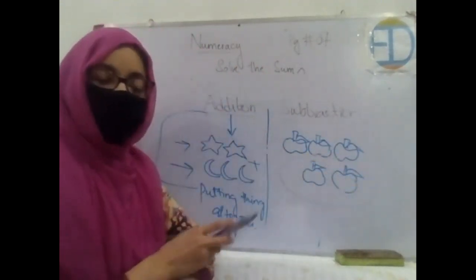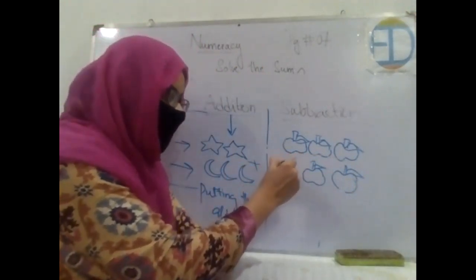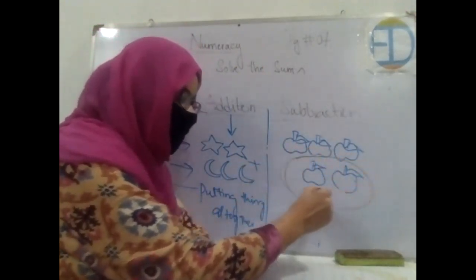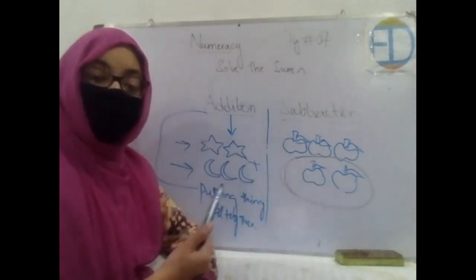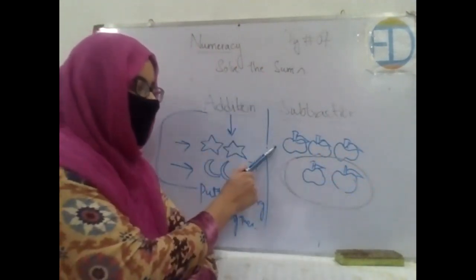Previously you had five of them. Now you have given out two out of five to your brother. How many apples are left?